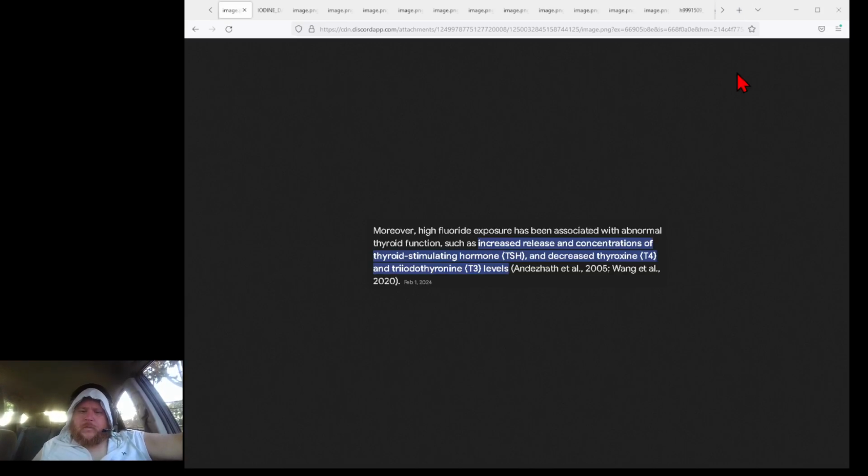So I started digging into abnormal thyroid function, increased release of... this one I thought about because there's hyperthyroidism, which can also be caused by fluoride, because of basically malformed creation during youth.